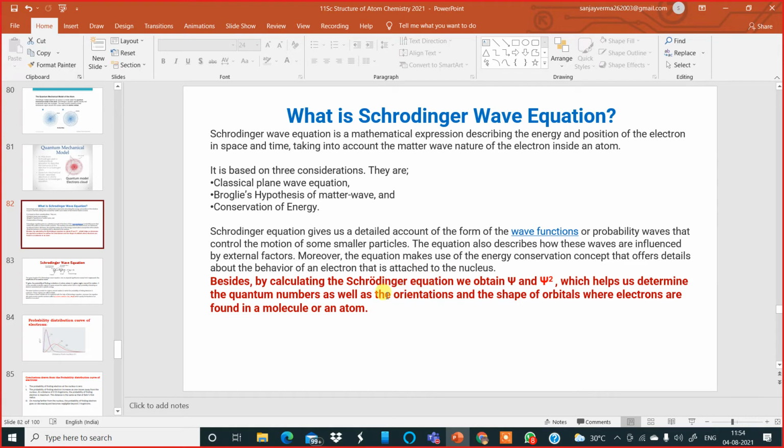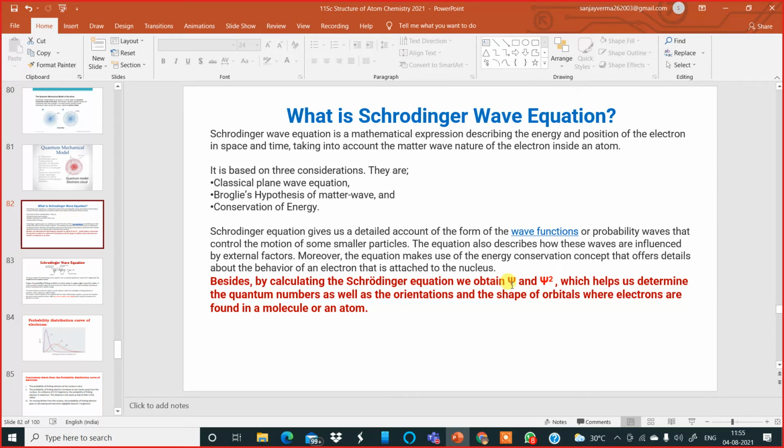An electron very close to the nucleus will possess lower energy, a more negative energy, whereas an electron far away from the nucleus will possess higher energy, though both carry a negative charge. Besides, by solving the Schrodinger equation, we obtain two things over here.